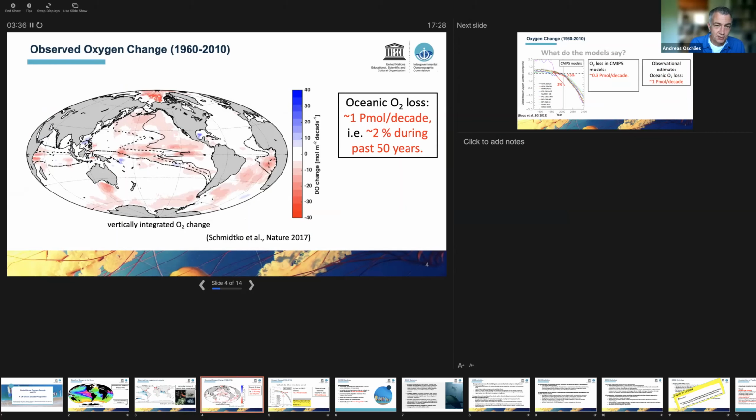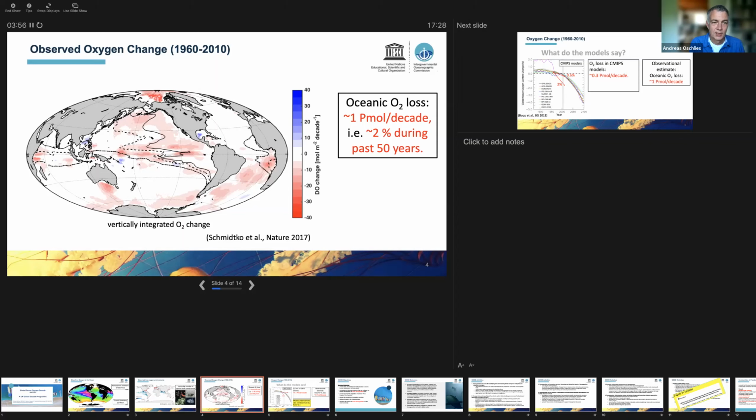So this is reason for some concern, the 2% decline over 50 years. If we extrapolate that, the ocean would be devoid of any oxygen in 2,500 years. So this is drastic and dramatic given the timescales of change we observe here.